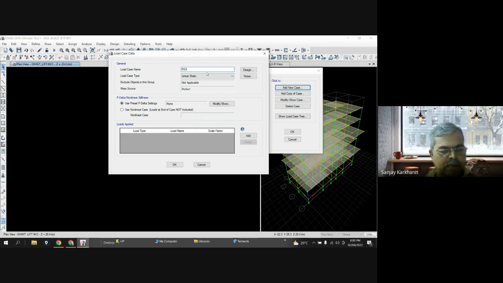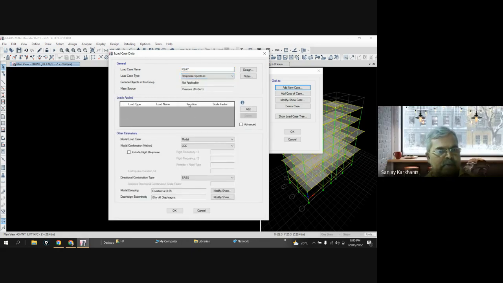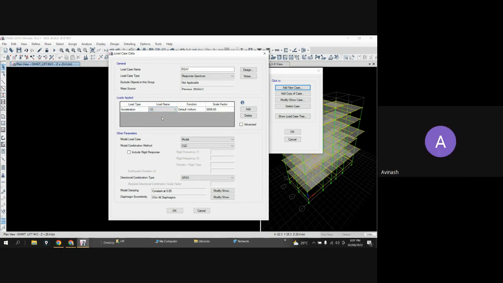And similarly for Y. Response spectra, then add acceleration. Now here I will go for U2, direction 2.